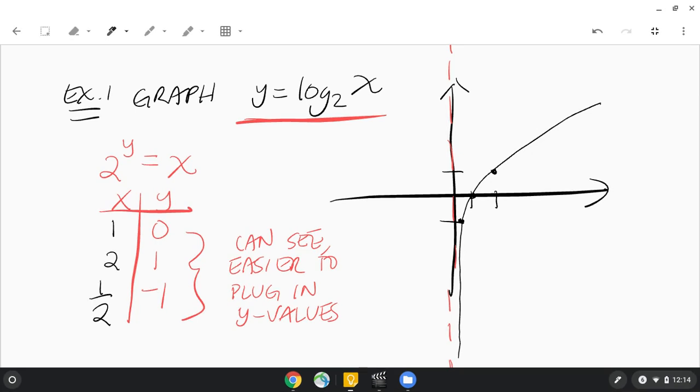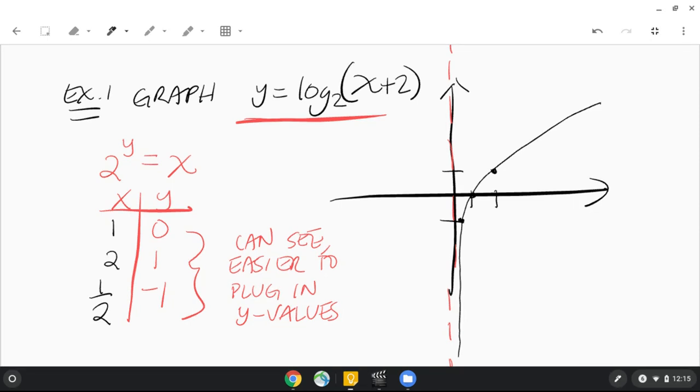And that's basically it. If you do have anything added or subtracted or multiplied, you would take care of those transformations the same way. So had this said x plus 2 inside the parentheses like that, that would be a shift 2 to the left, right?